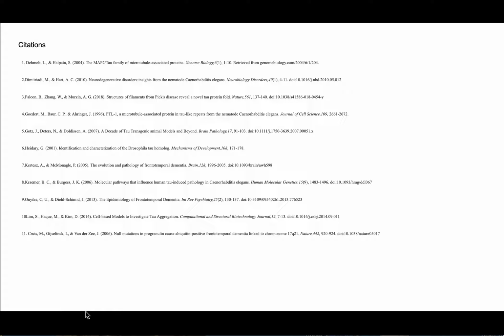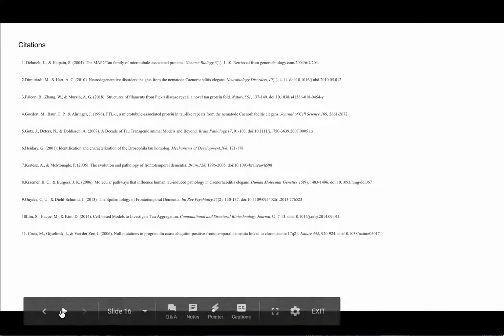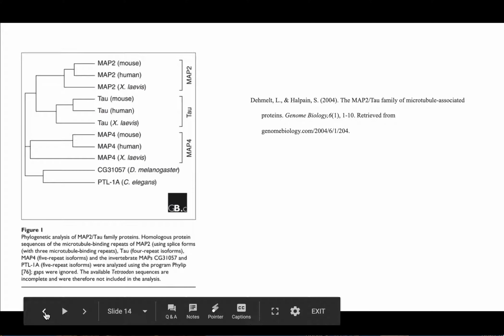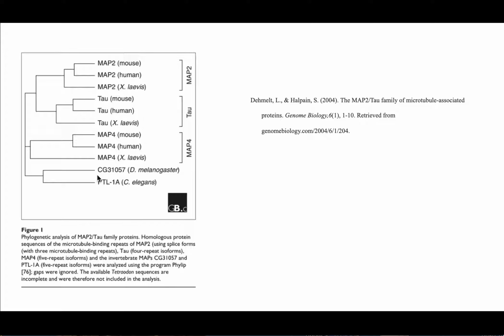And the reason why I would use C. elegans is because in the research that I've been doing on this organism, the protein that they're finding, this PTL1A, has the ability to create these isoforms, and those isoforms are very similar to the tau isoforms that are seen in humans.